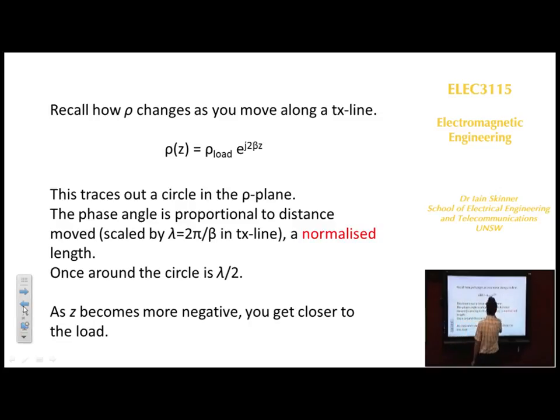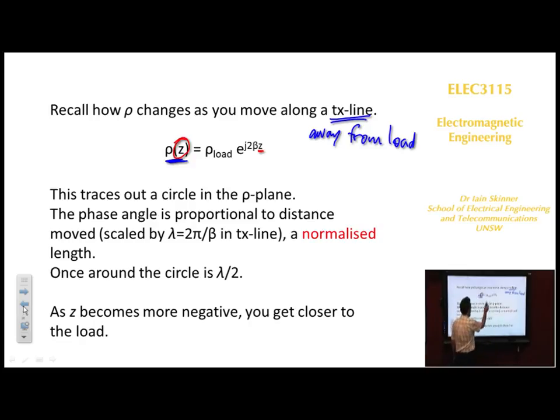As rho changes, as you move along the Smith chart, as you move along the transmission line, away from the load, and the load was where the reflection occurred, the local value of the reflection coefficient depends upon z, like this.